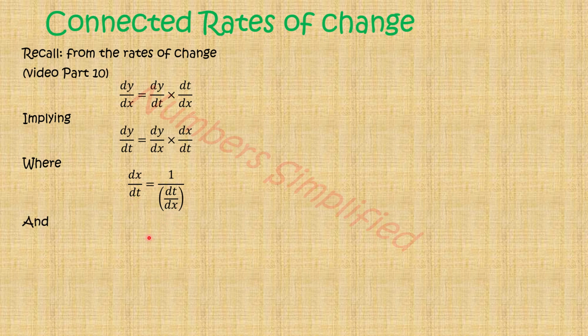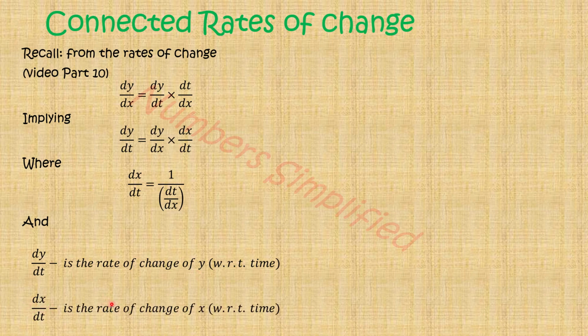And also, dy/dt represents the rate of change of y with respect to time, or simply the rate of change of y. And also, dx/dt would represent the rate of change of x.